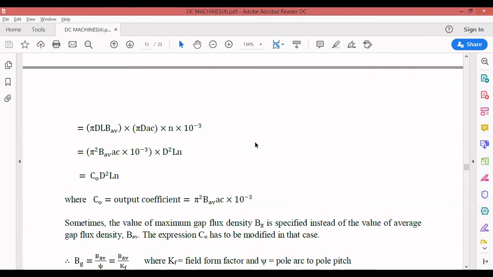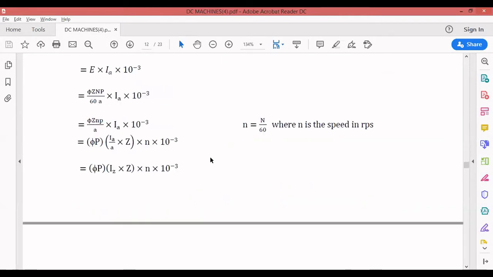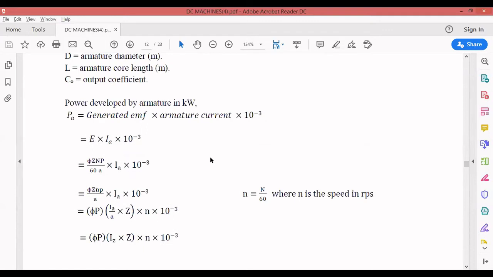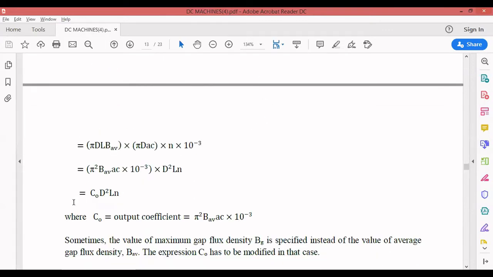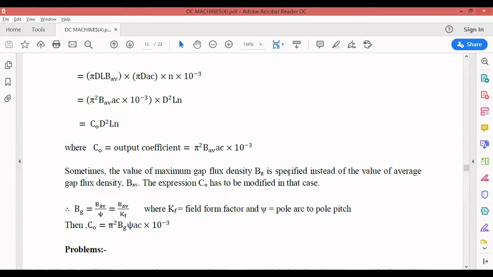D is the diameter of your armature, and L is the length of the armature. So PA, the power developed by the armature, is given by C0 D square LN, where C0 is the output coefficient.